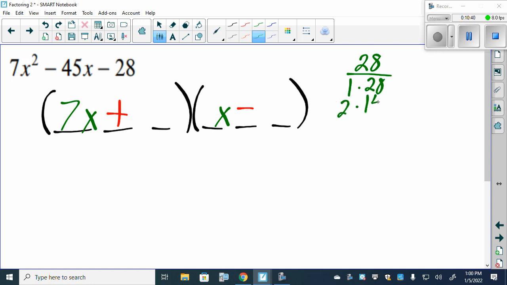And these are the only factors of 28. Which one do we want to try first?